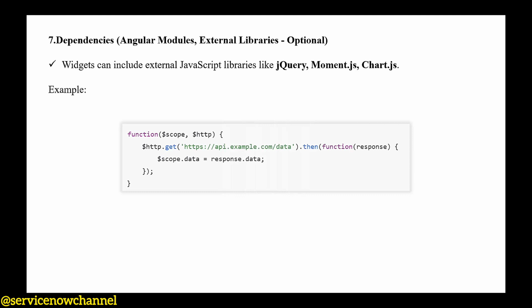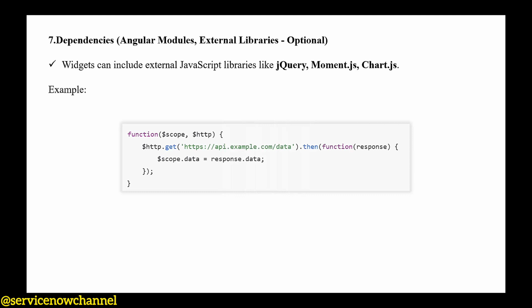Next one is dependencies, and this is also optional. Most of the developers won't use it, but let's see what the use of dependencies is. Widgets can include external JavaScript libraries like jQuery, Moment.js, Chart.js.